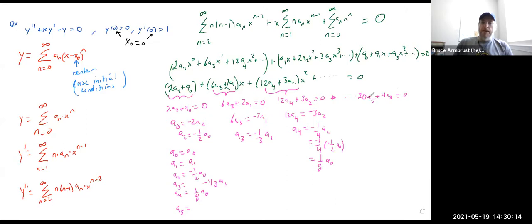So those are going to be the coefficients on my cubes. So A5 is going to be minus 1/5 A3. Well, A3 was minus 1/3 A1, which makes this 1/15 A1. So we'll go ahead and put that down here as well.